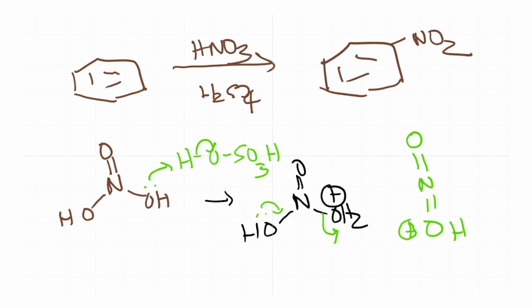The other way, if this is going to lose a proton, then the electrophile that you're going to produce would be, there's a full positive charge here, sorry about that, the electrophile that is going to be produced is NO2 plus.